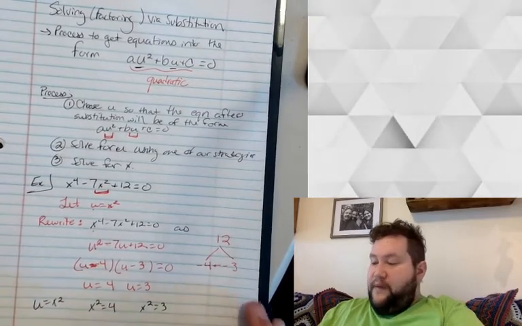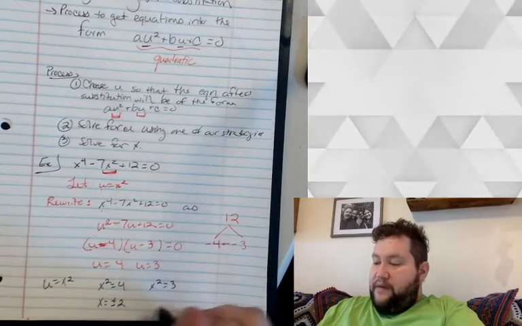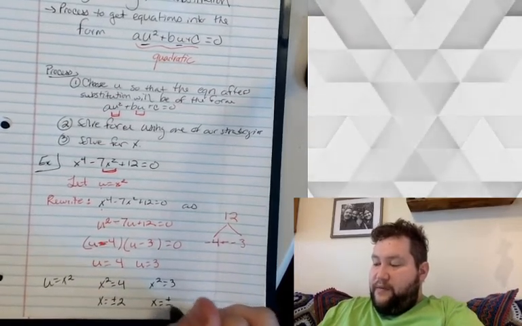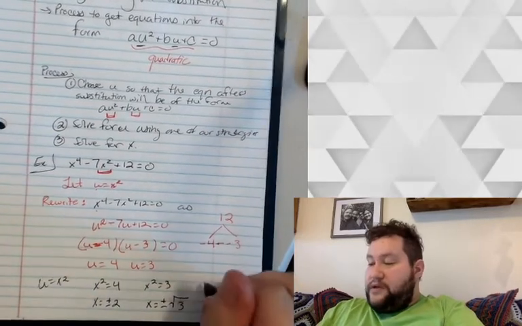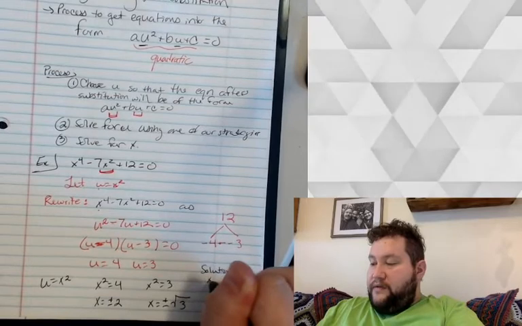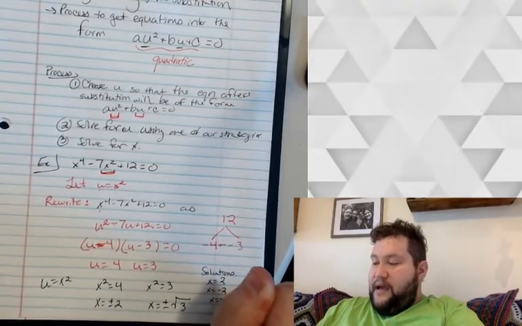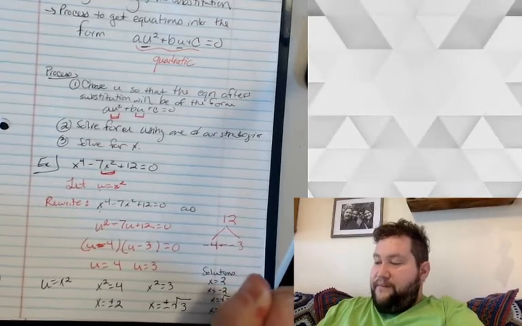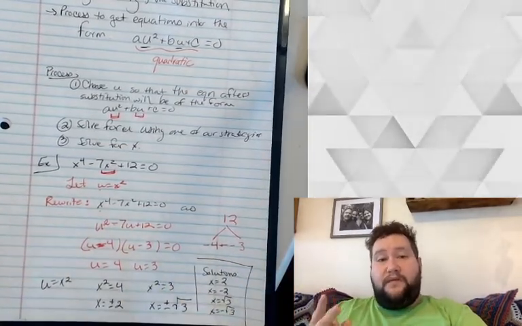And then to solve that, we get x equals plus or minus 2, or x equals plus or minus the square root of 3. And so notice our solutions are x equals 2, x equals negative 2, x equals root 3, x equals negative root 3. So this equation has 4 possible solutions.